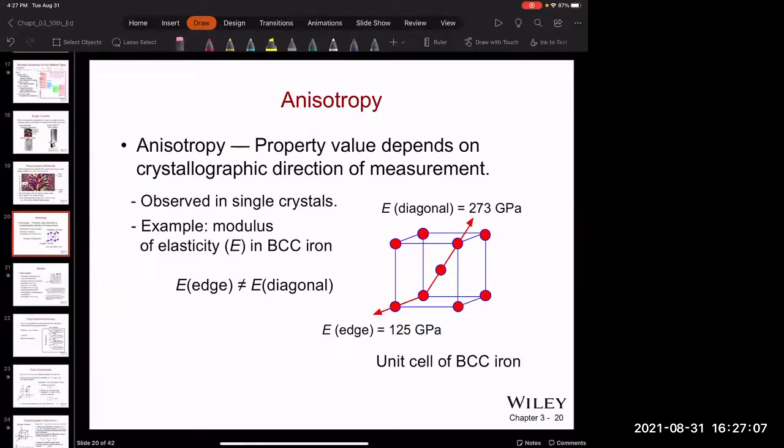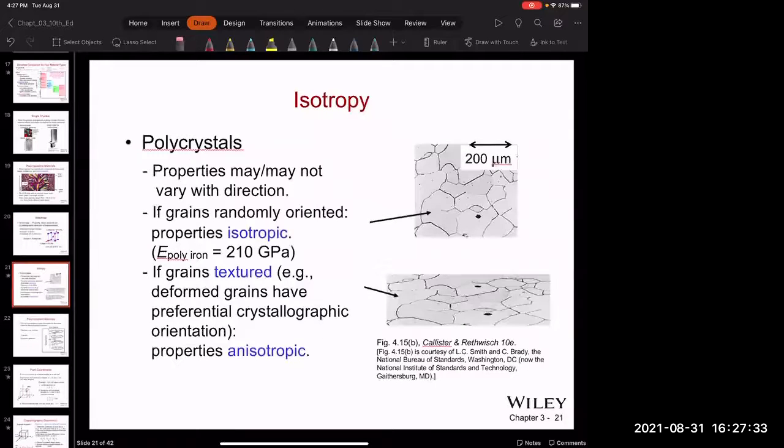Because when you are using the material, strength might depend on the direction. If the material property depends on the direction, that's what we call anisotropic. If it doesn't depend on the direction, it's called isotropic. So just get an idea about this.